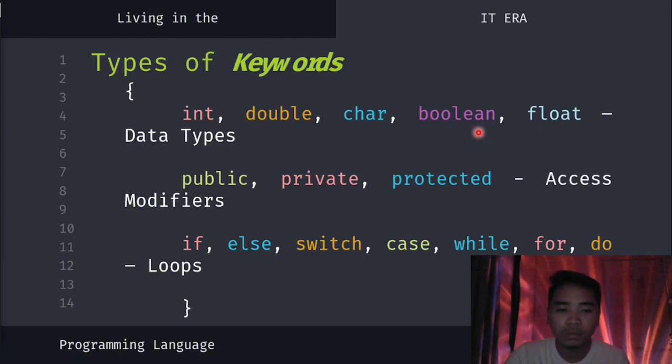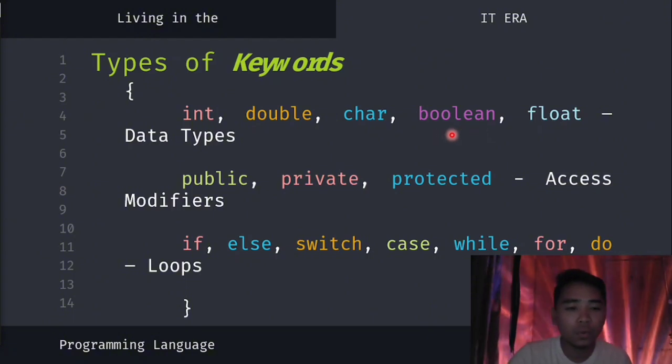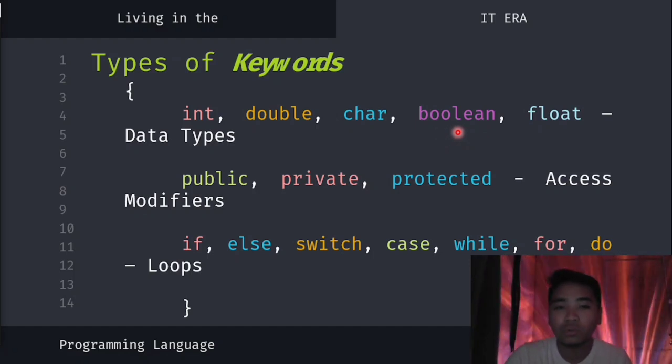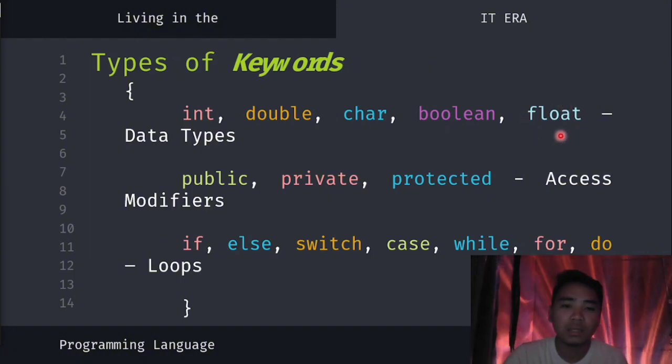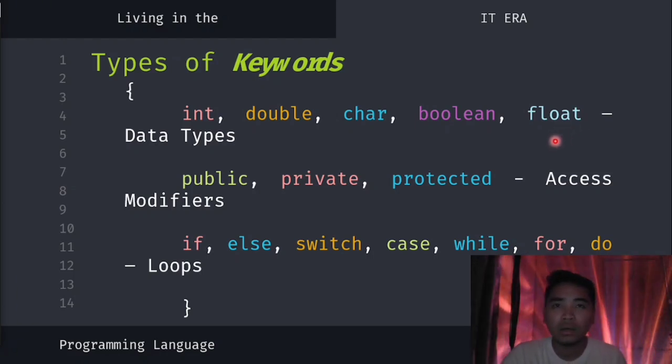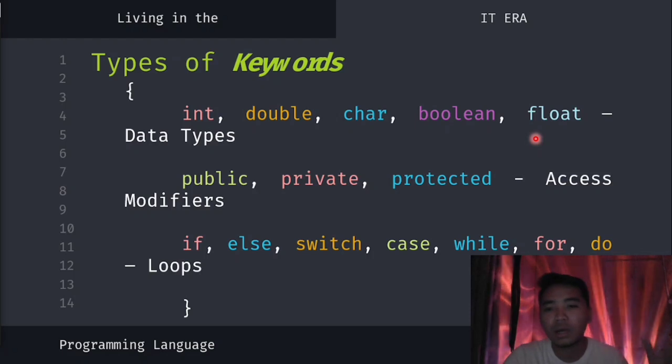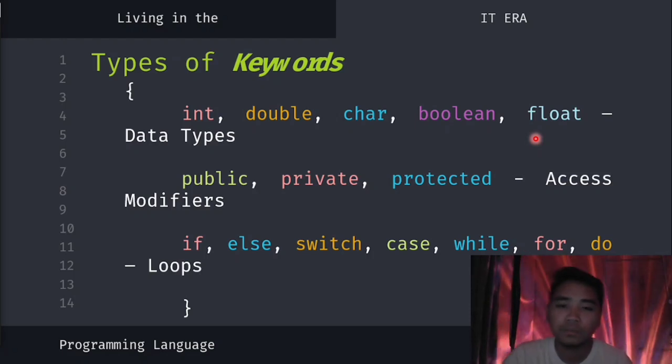For boolean, it only consists of two elements, which is true or false, or yes or no. Then for float, it is the same line as int or double, but it has a floating point. For example, 1.1 is a float. Then there are also numbers that follow.